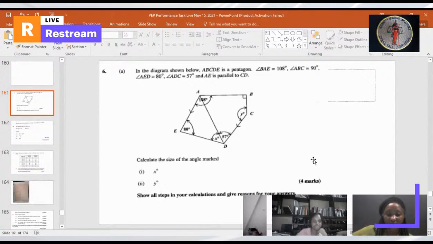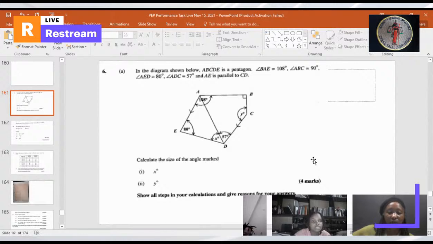So angle EAD, follow where I'm going, E to A to D, that angle would be the same as 57 because they are alternate angles. They are at the corners of the Z, put it that way.